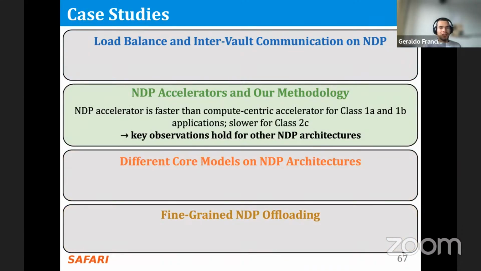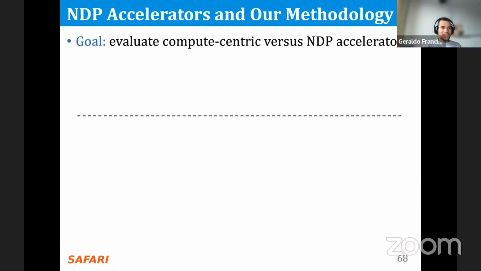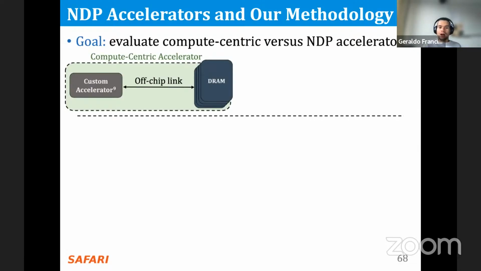Next, I'm going to dig a little bit deeper into one of those case studies. In this case, the NDP accelerator case study. So the goal of this case study, as I said before, is to evaluate compute-centric versus NDP-centric accelerators. So we define as a compute-centric accelerator a custom accelerator that accesses DRAM using our off-chip interconnect.